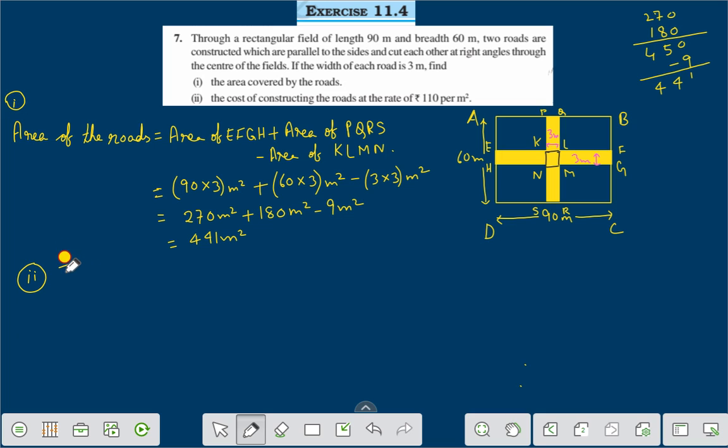the cost of constructing 1 meter square is rupees 110.